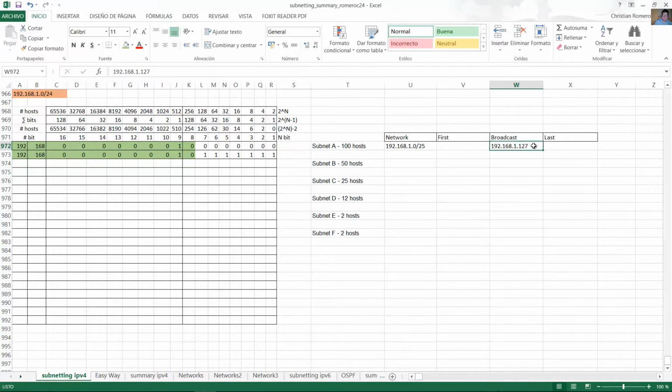Okay, the same subnet mask 25. To allow the first is 1 next to the network, so is 1, and the last is 1 before the broadcast, 126. Same subnet mask. Now continue with the host 50.